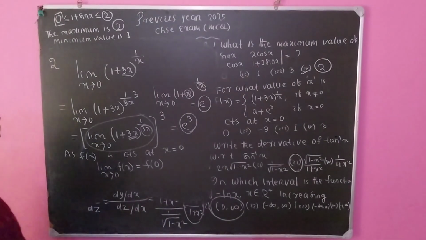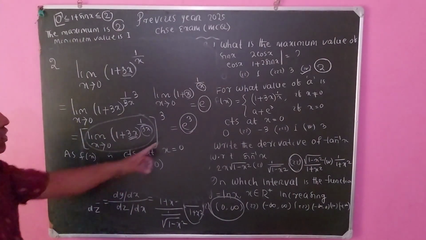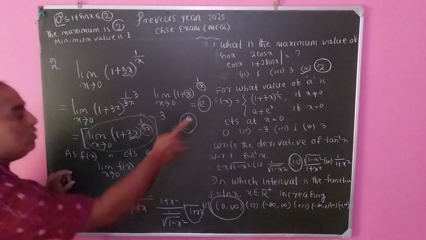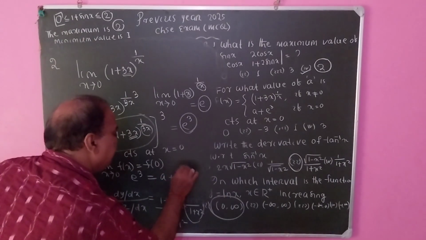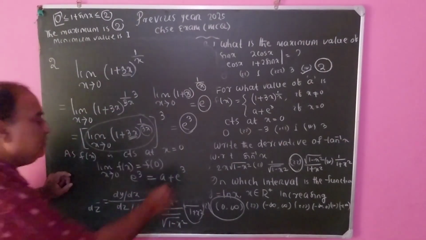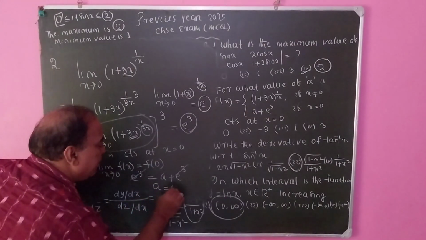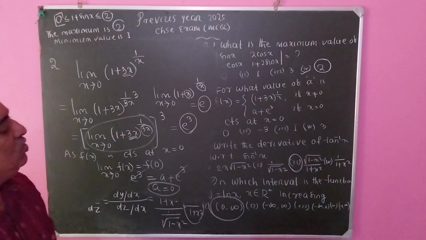Limit of the function is equal to value of the function. So e to the power 3 equals a plus e to the power 3. e to the power 3 cancels, so a is equal to 0. So this is the answer: a is equal to 0.